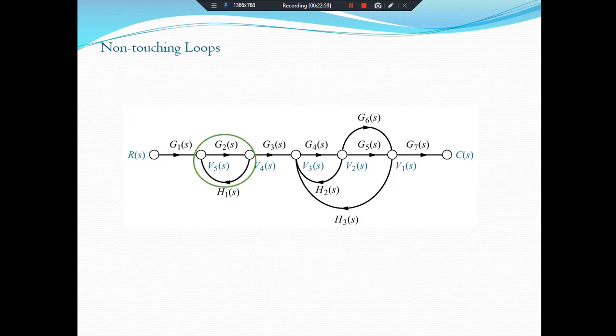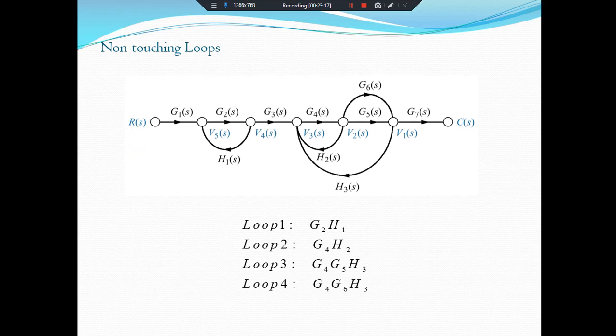The non-touching loops are circled in green and blue. These two are non-touching loops, while the red circles have two loops that are not non-touching because they have common nodes.